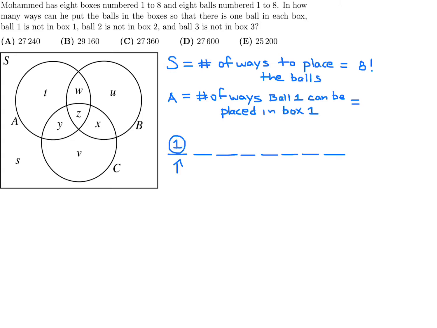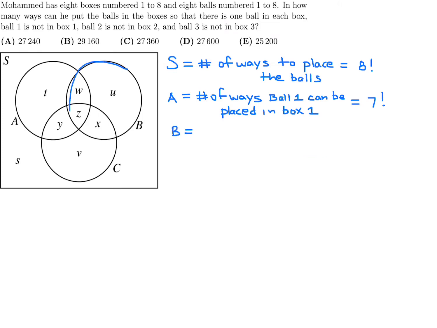Okay, so there's only one way of doing that. And the remaining balls can be placed in the following way. I've got 7 choices for the next slot, 6 choices for the next slot, 5 remaining balls can be chosen for the next slot, and so on, right? So that's why you put here 7 factorial. Okay?